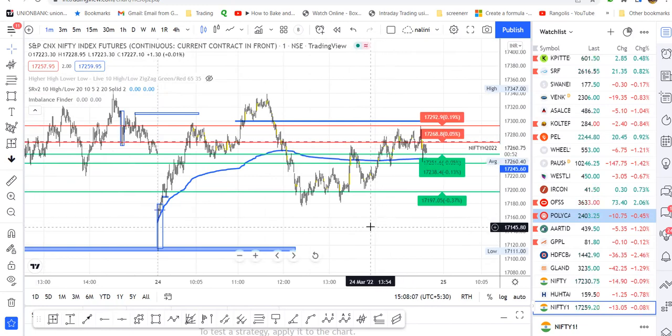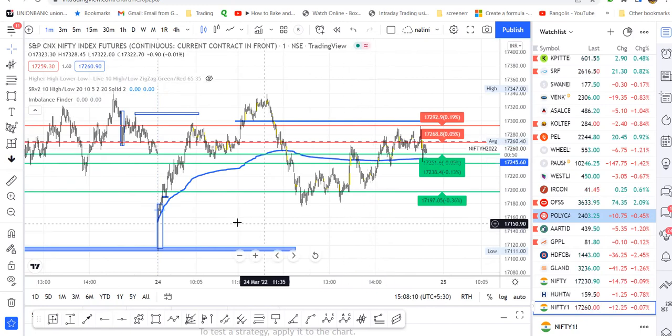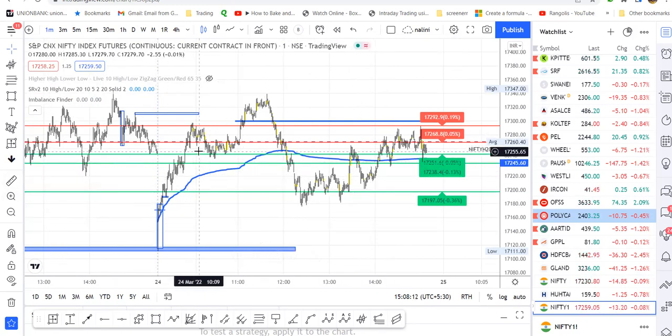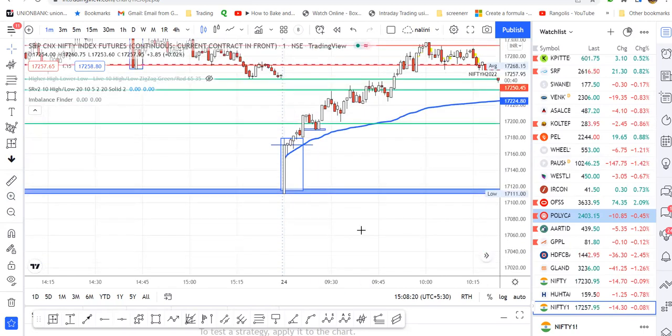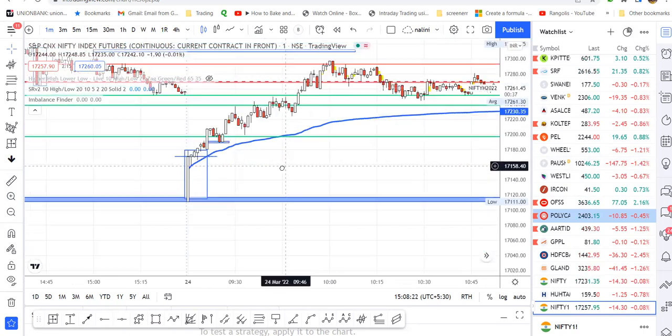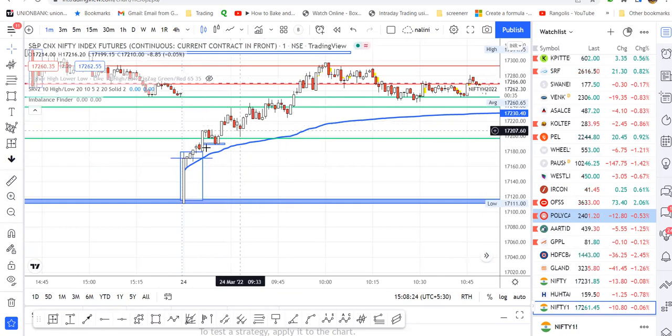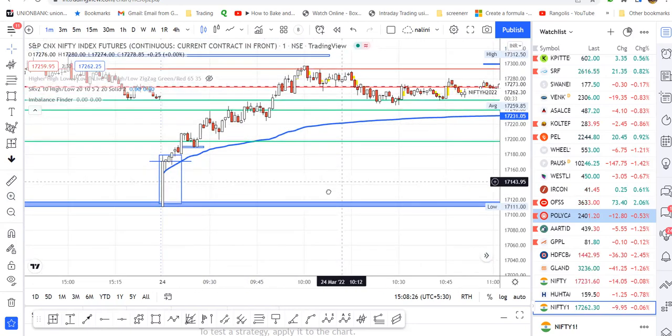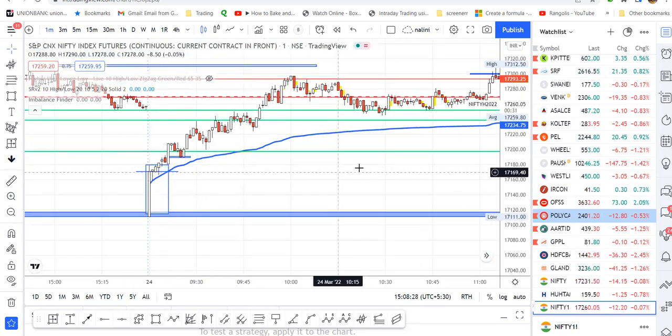That's what I wanted to show you, how I took the trade in the early opening hours. Even for options, you have to select the in the money option, and the same pattern will follow. And if you know the levels, you can trade so wisely.